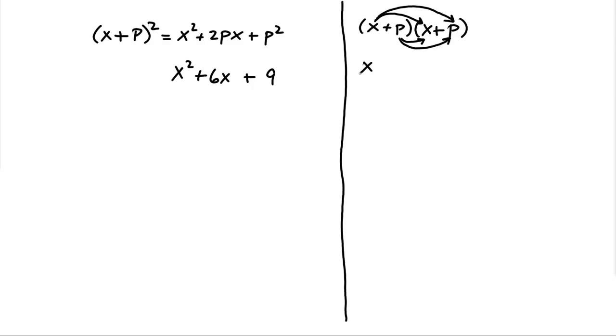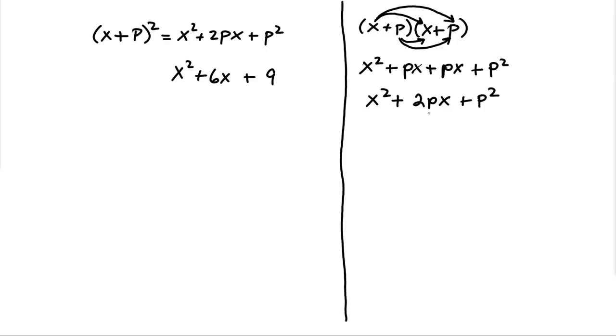So I get x times x, x squared, plus p times x, plus p times x, plus p times p, so p squared. Then combine the two terms in the middle: px plus px is 2px, plus p squared.